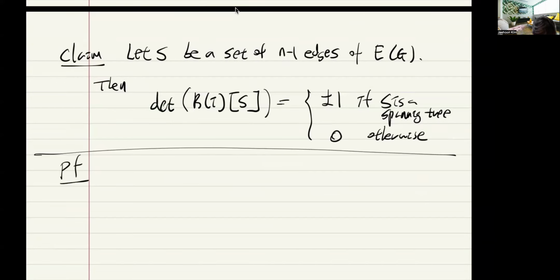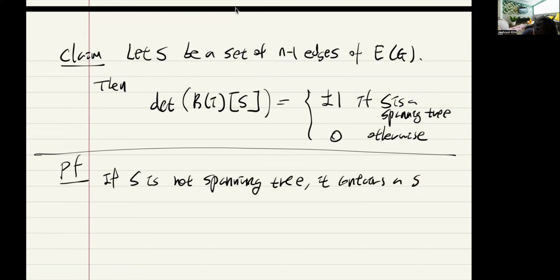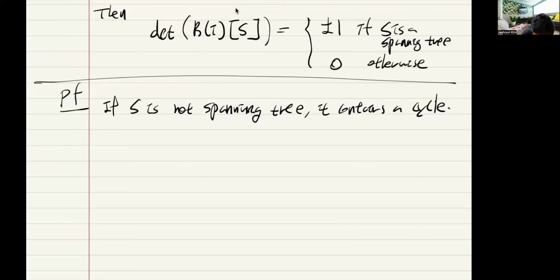So first, if S is not a spanning tree, then what? It contains a cycle. And by the observation before, those cycles correspond to 1 and -1, 1 and -1, 1 and -1. And then if you take them and multiply some of them by -1 so that it's all consistent, and then you add them, then you get 0.